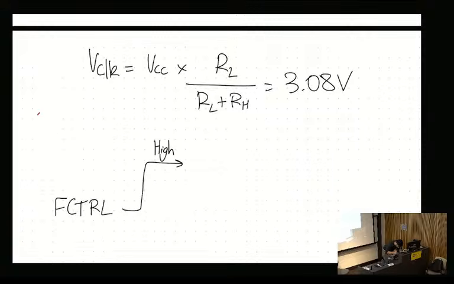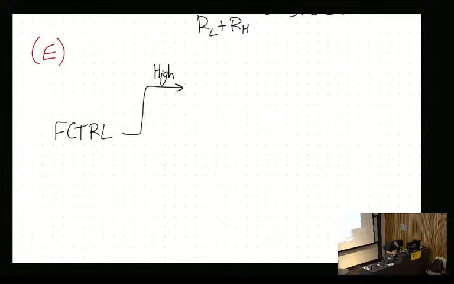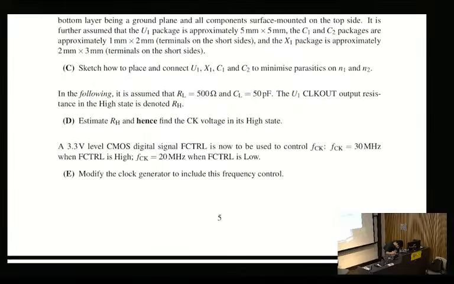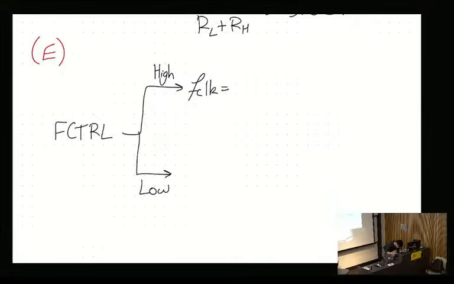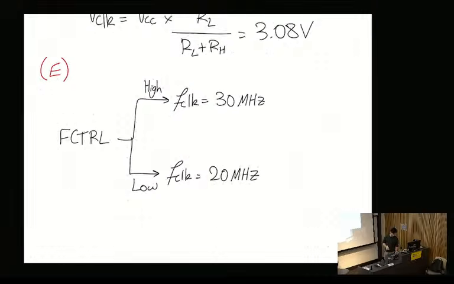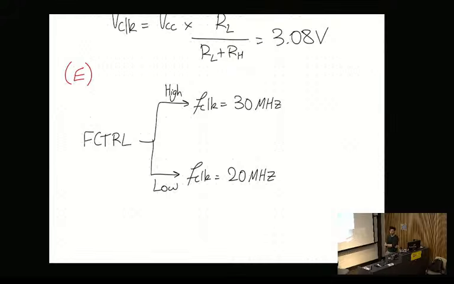If it's high, then the clock frequency is 30 megahertz. And if it's low, the clock frequency is 20 megahertz. Any ideas as to how we can modify the clock generator so it has this?